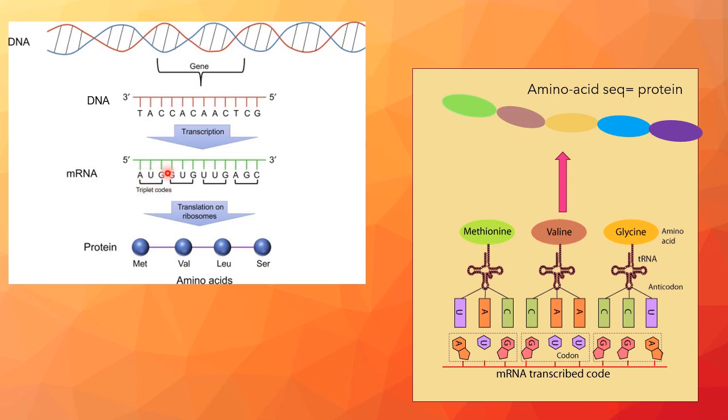Always there will be a start signal for translation, that is AUG. It will initiate the translation. After that come the triplet codes. We have learned that a codon has 3 nucleotides. Once we have read this code, we will read the next code as GUG. We will not read UGG. There are no overlappings, right?